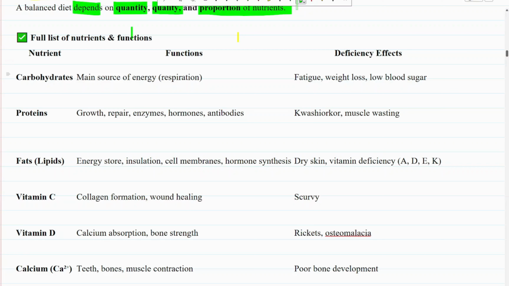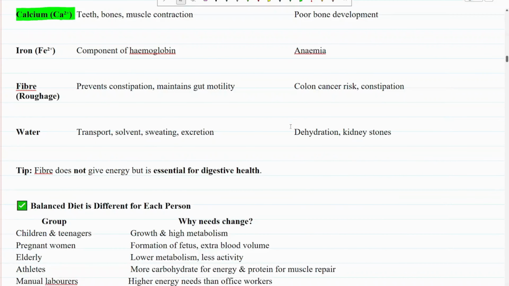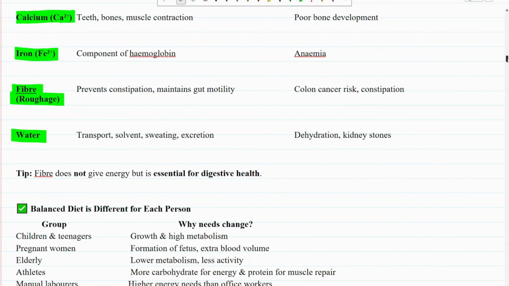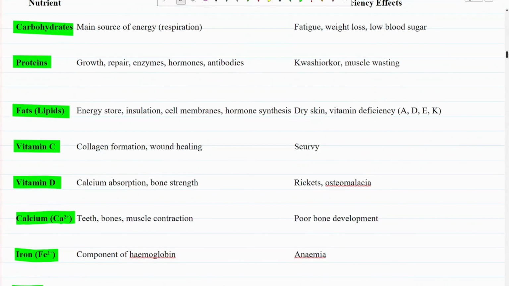So what are the components of a balanced diet? Basically, they are carbohydrates, proteins, fats, vitamin C, vitamin D, calcium, water, dietary fibers, iron, etc. These are all the components of a balanced diet. They are needed in correct proportion to perform specific functions in the body.